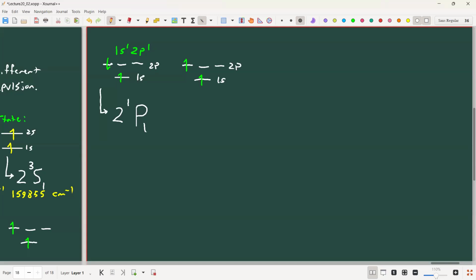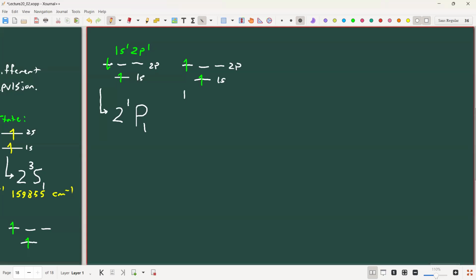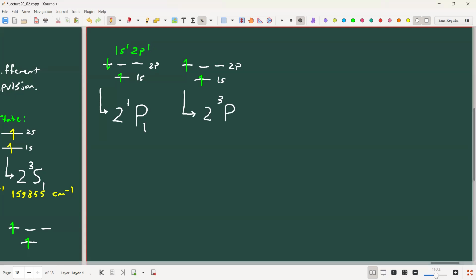The other one's a little funky. First of all, we can immediately write 2, 3, P, because it's a triplet. Spins are unpaired. We have an L equals 1 electron. That's it for the total orbital angular momentum. But what about J? J can take multiple values here. Let's think about what the highest value of J can be.